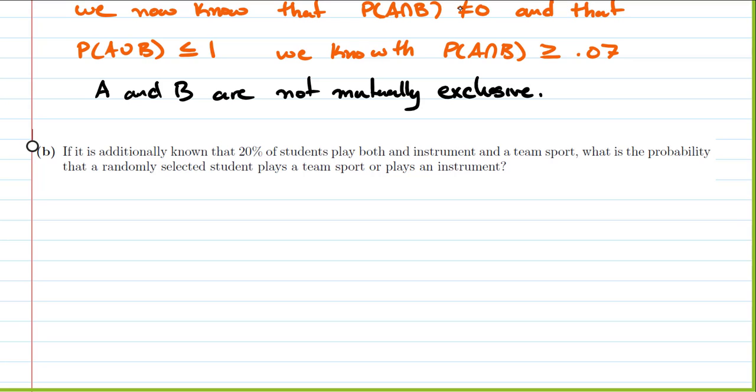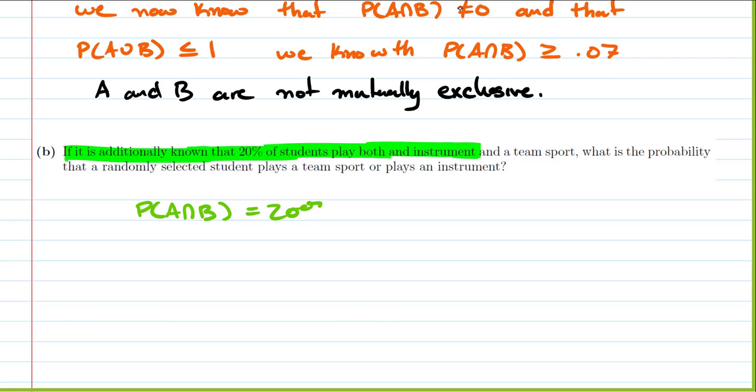So in this, we're given the extra information, so that tells us that the probability of A and B is equal to 20%, which is 0.2.